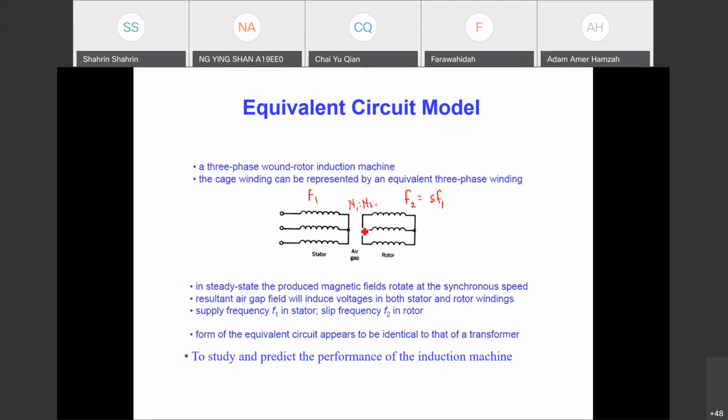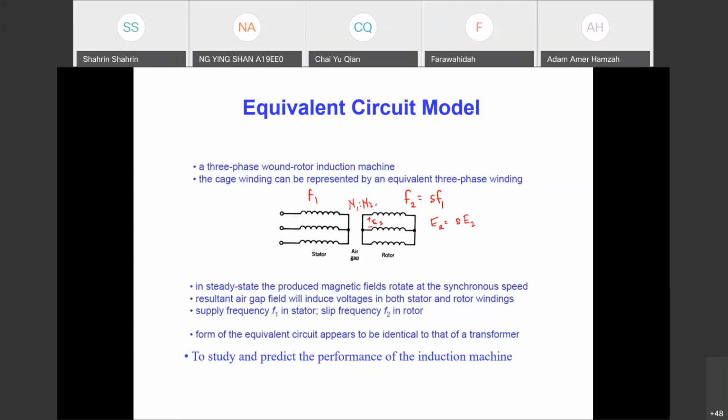The same also goes for the voltage induced E2. So this voltage induced at the rotor also depends on the slip. That is the only difference between the induction motor and the transformer.